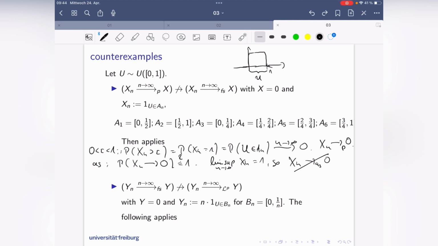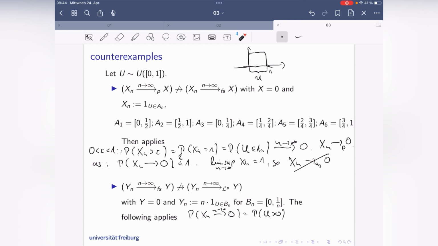So first of all, the probability that yn goes to 0. When does yn go to 0? That's the same as the probability that u is bigger than 0, because if u is any number bigger than 0, then u is not in any Bn for n large enough, and then yn is 0.